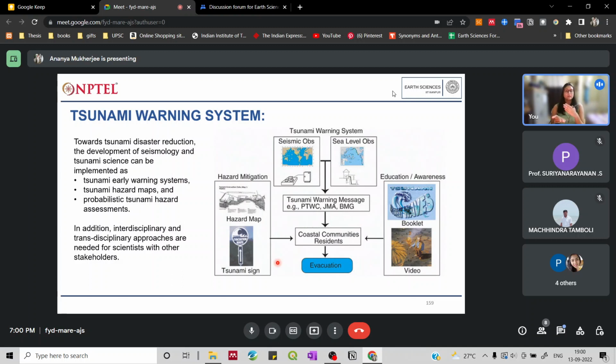And as we have said, if we study any past tsunami sedimentary sequences over there, that will give you an idea whether that place has been affected by a tsunami or not. So altogether these things are necessary for us to understand and try to minimize the risk that is associated with the hazard. So till now we have done earthquakes, and today we did tsunami.